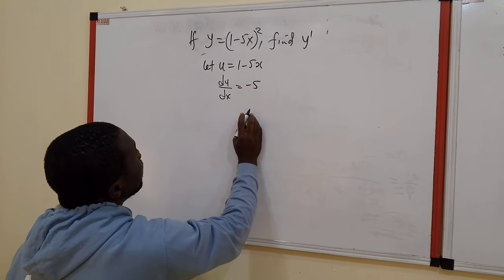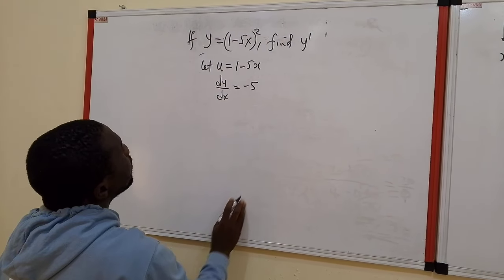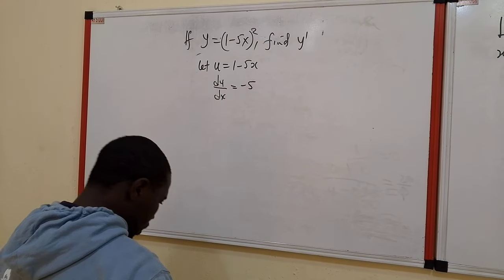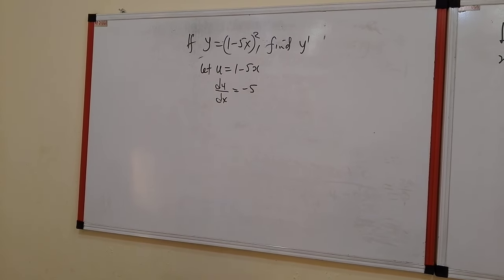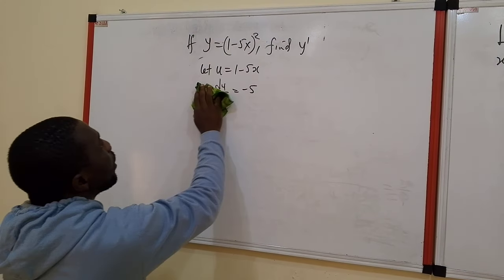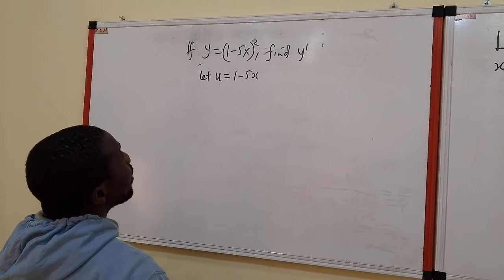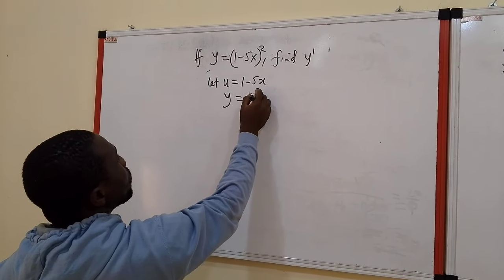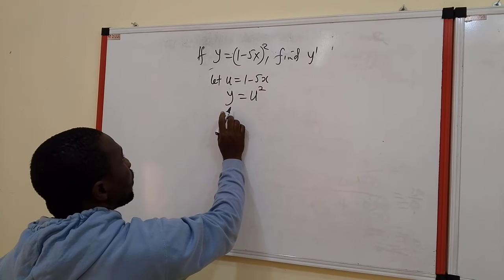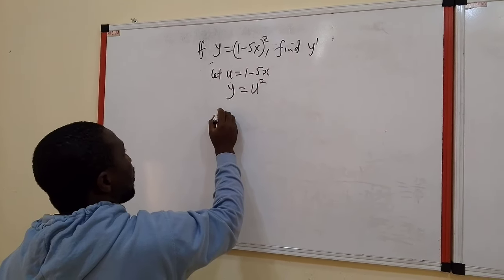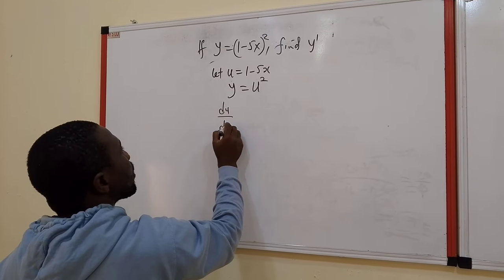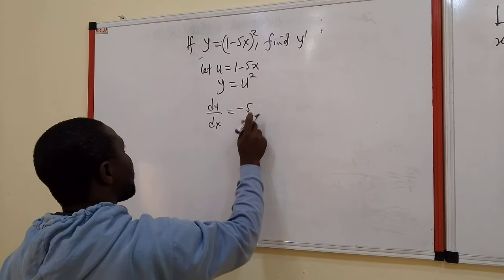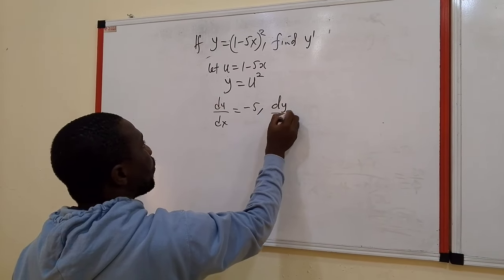Pardon me, our u is 1 minus 5x, then y rather will be u squared. The du over dx now is minus 5. Differentiate 1 is 0, differentiate minus 5x is minus 5. Then dy over du now is 2u.